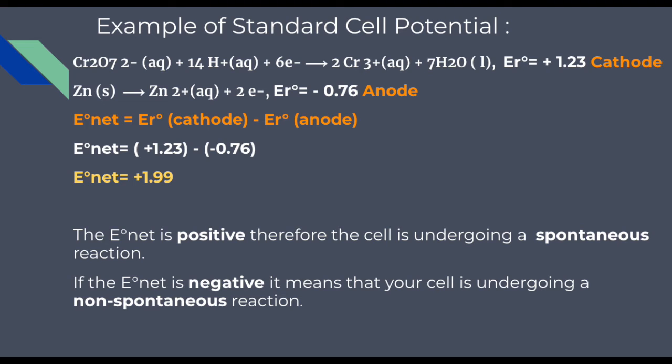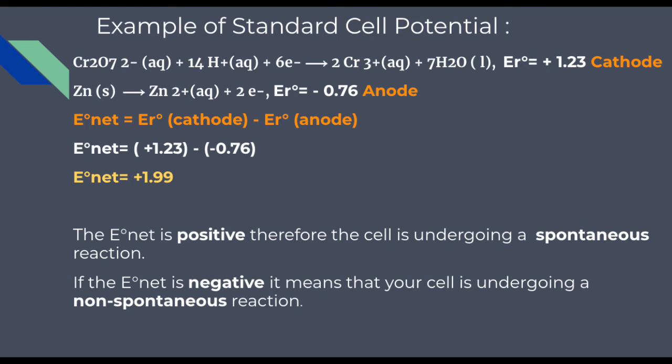Now let's go through an example of standard cell potential. So we're going to use the half reactions we did in our first example. So for your cathode, the standard reduction potential is positive 1.23. And for your anode, the reduction potential is negative 0.76. From there, you need to go cathode minus anode.